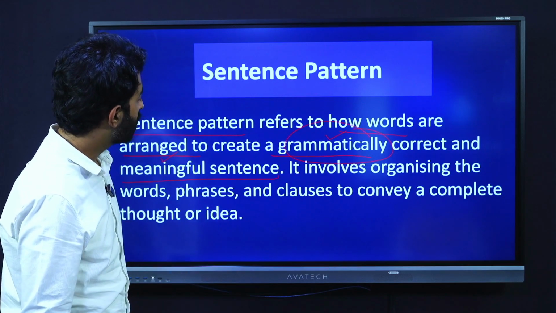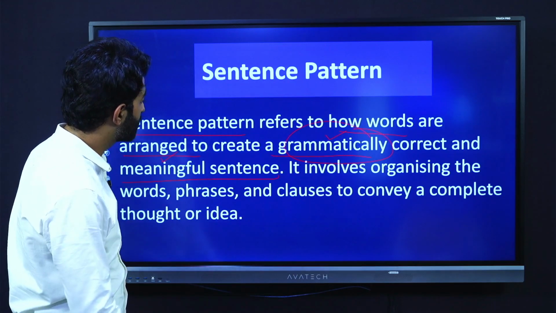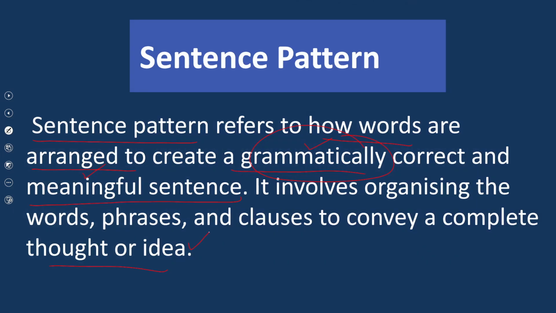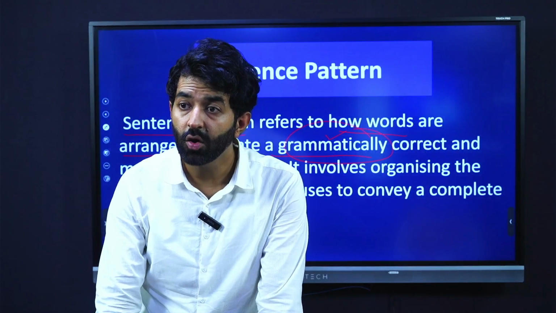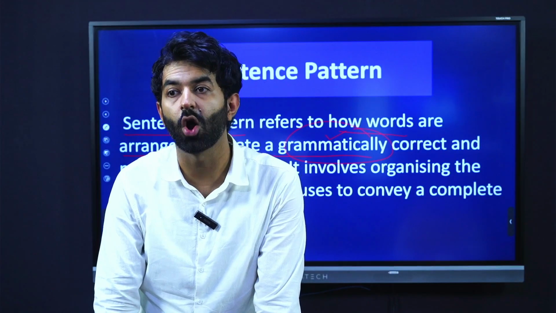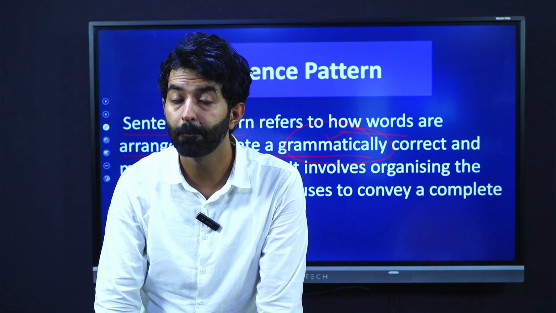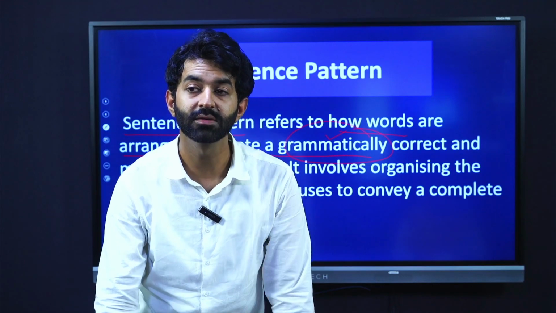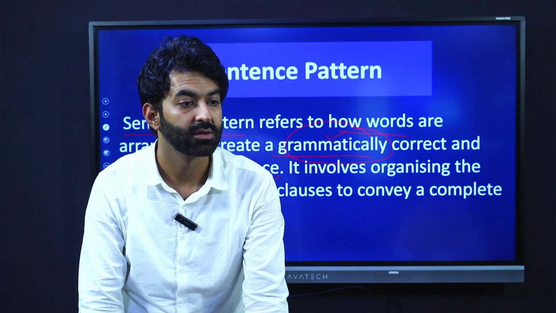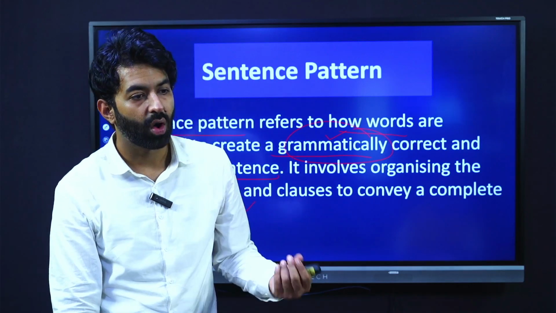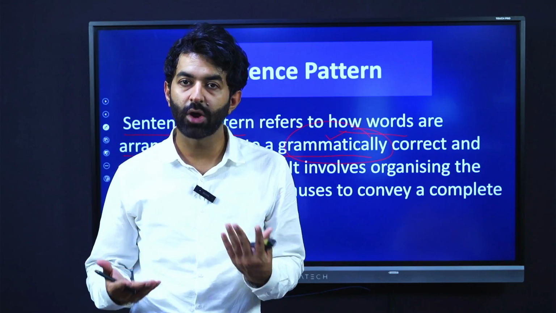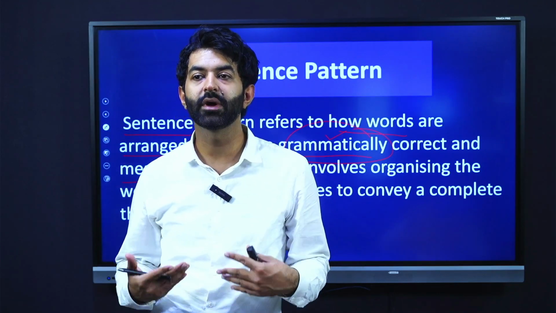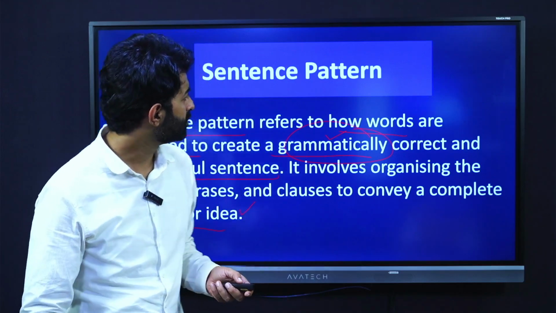It involves organizing the words, phrases, and clauses to convey a thought or idea. And you know, in the last lecture, what we talked about, now the sentence is divided in different components or different parts. क्या हैं वो parts? Subject, object, verb. Yes, two kinds of objects, complements, and all those things.